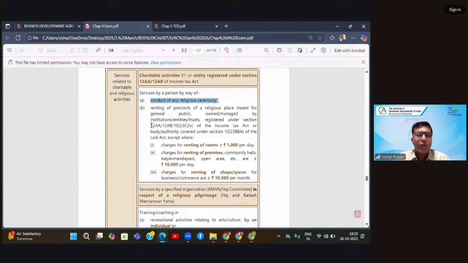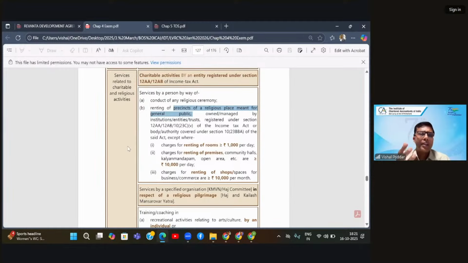Next is where you are a religious trust, firstly registered under 12AA, 12AB or 10(23C) subclause (v) of the Income Tax Act 1961, and you are giving the precincts of your place to the general public. What are precincts? Precincts means the boundaries.